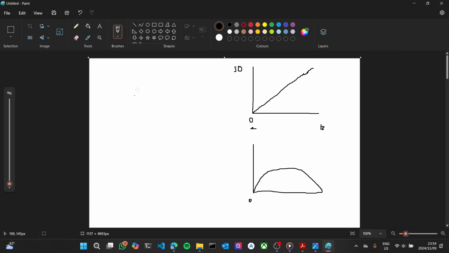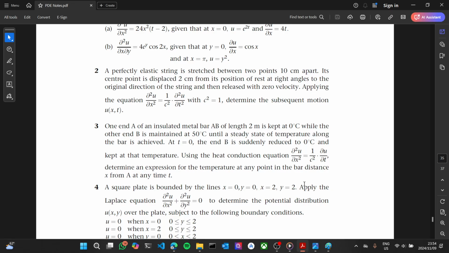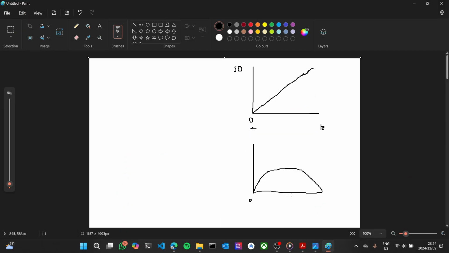Now, in this case, we take a look at what sort of boundary and initial conditions we've got, right? We know that at the extreme points of the bar, the end points, the temperature is going to be 0 for all time.